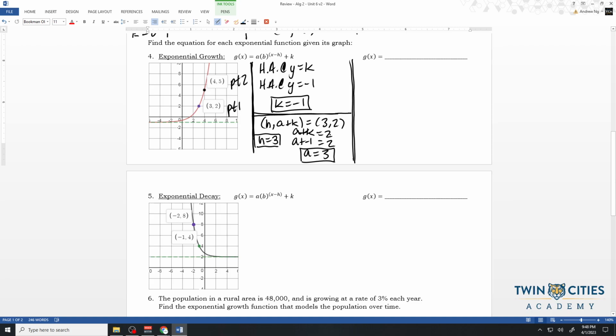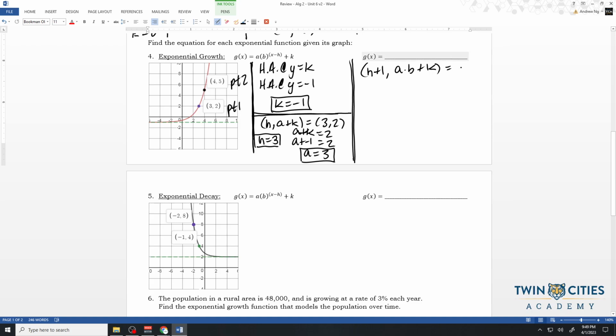All right, moving on to the second reference point. Because this is growth, the second reference point here is going to be (h plus 1, a times b plus k). Well, this point is actually at (4, 5).